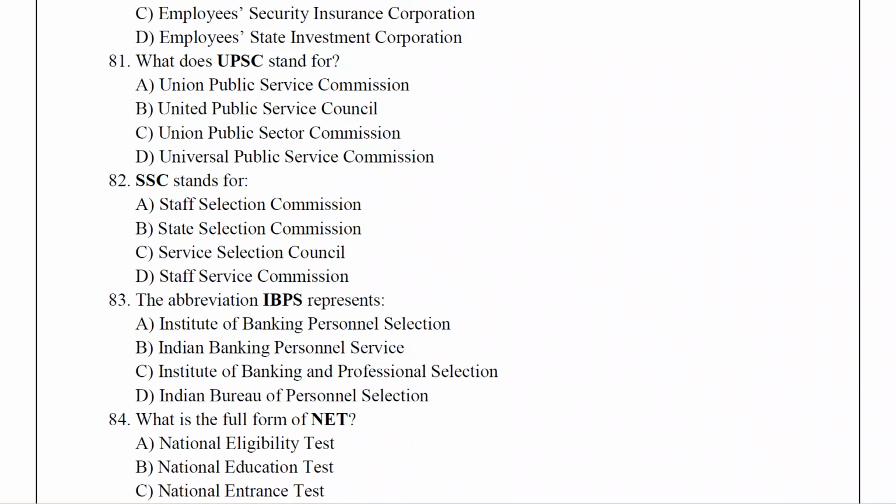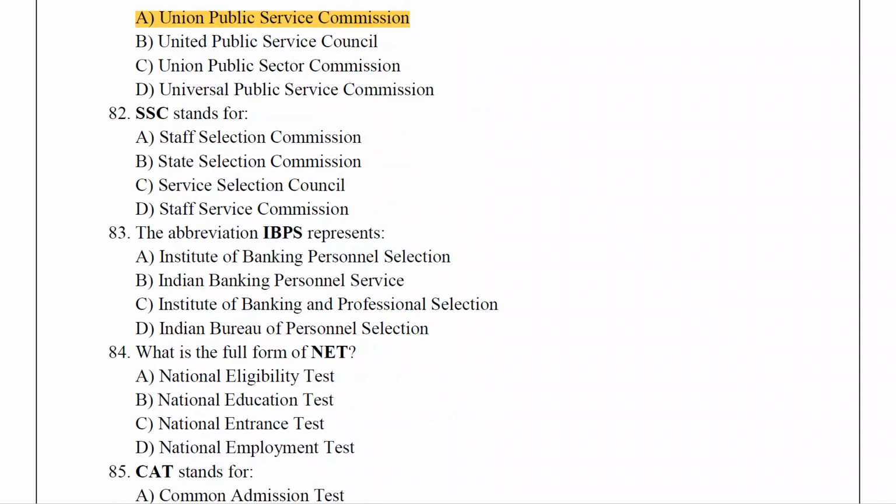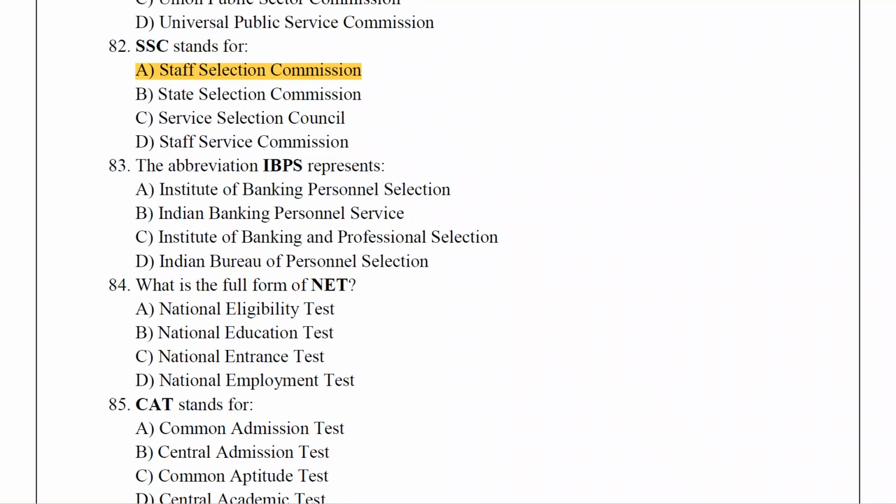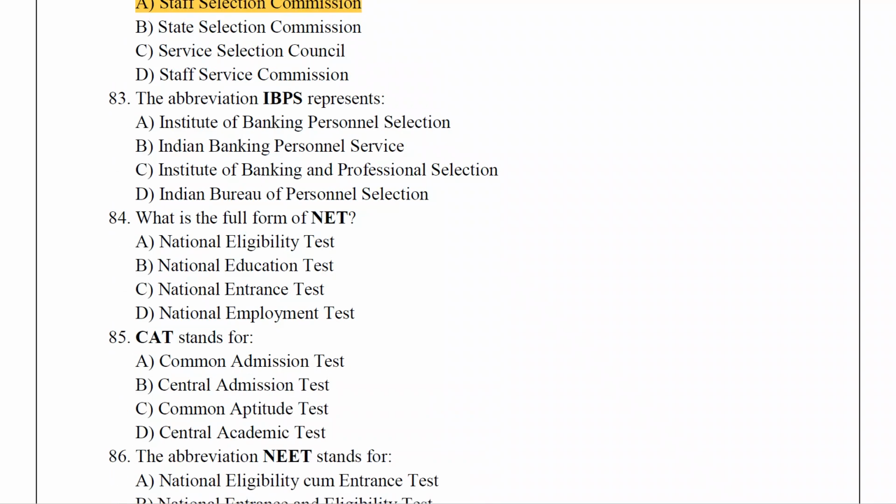What does UPSC stand for? Union Public Service Commission. SSC stands for Staff Selection Commission.